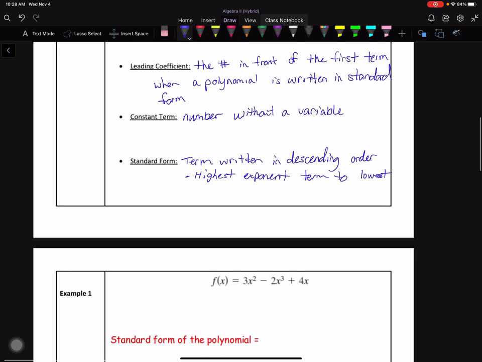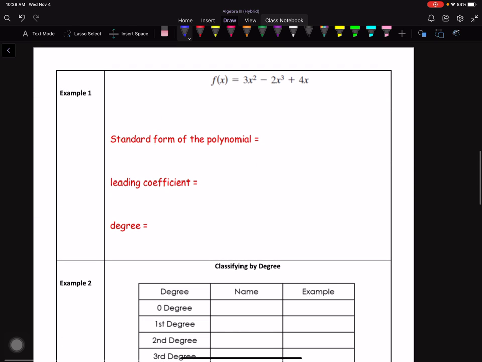All right, so example number 1, it says take that polynomial and first write it in standard form. So f of x equals. So what you want to do is you want to look at your highest exponent and you want to take that term and put it first. So we'll go negative 2x cubed because 3 is the highest exponent.